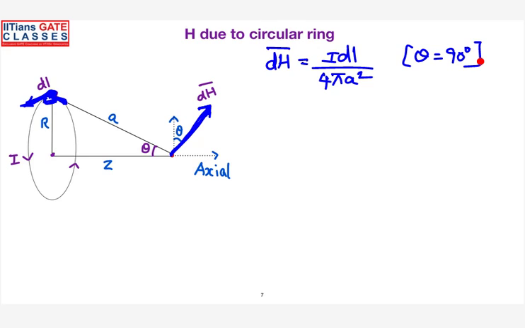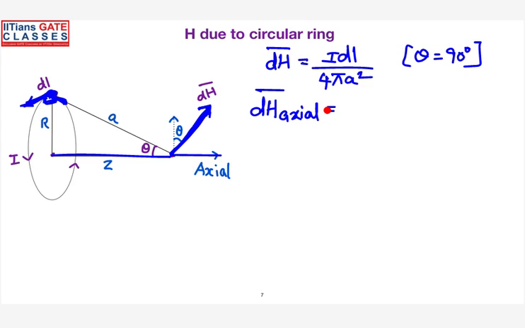Now, since the magnetic field is directed along this particular axis direction, I was resolving it in the axial direction. So what will be the magnetic field along the axial direction?